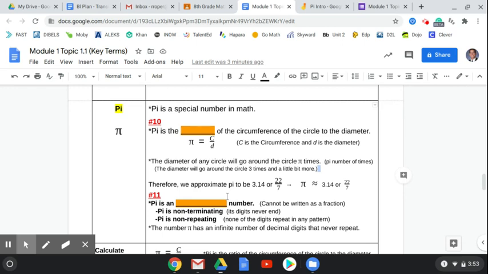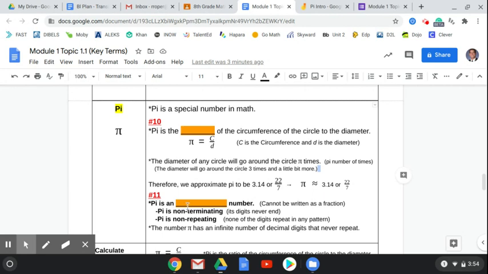Okay, so therefore we approximate pi to be 3.14 in decimal form, and we usually use 3.14, but sometimes we are told in the problem to use it in fraction form, and so we use 22/7. And so we say pi is approximately, that squiggly equal sign is approximately, 3.14 or 22/7.